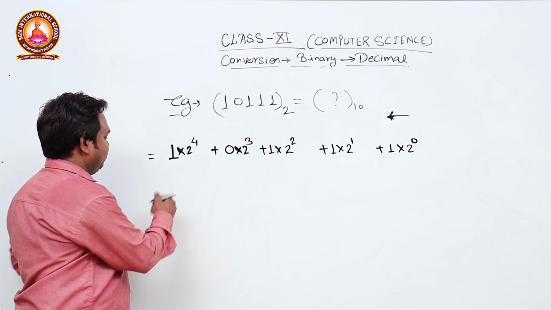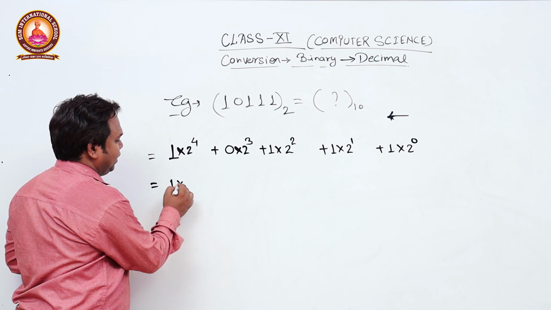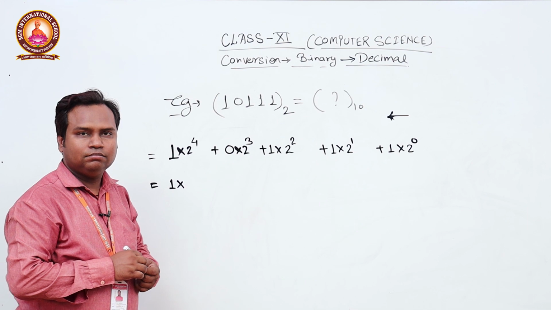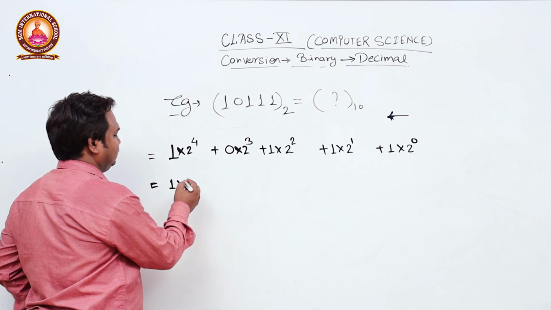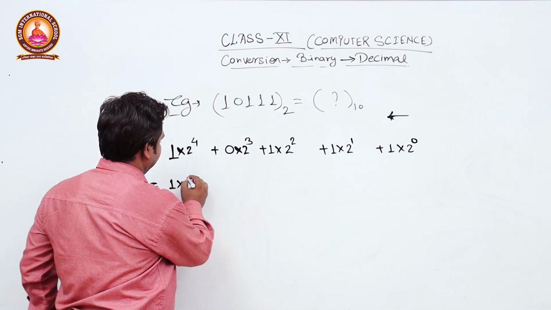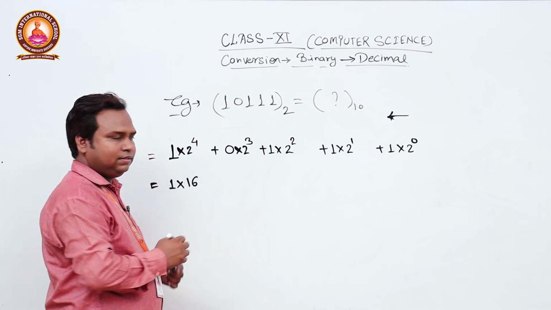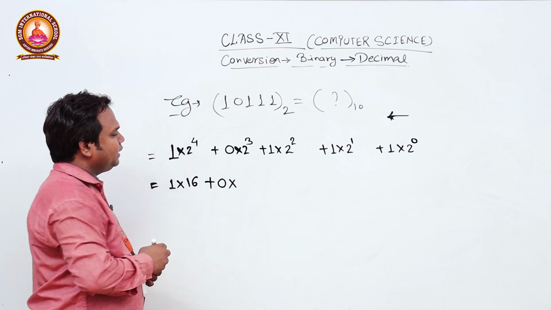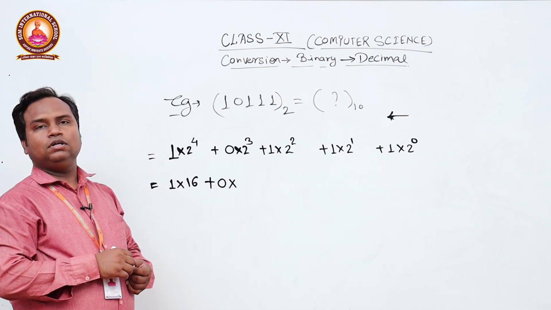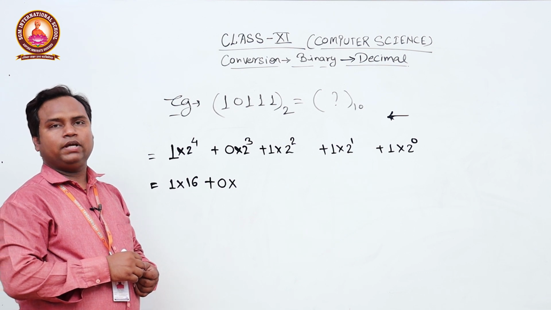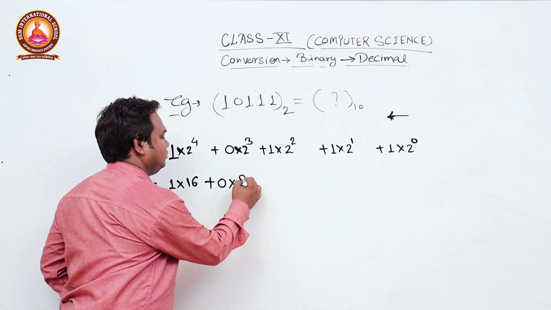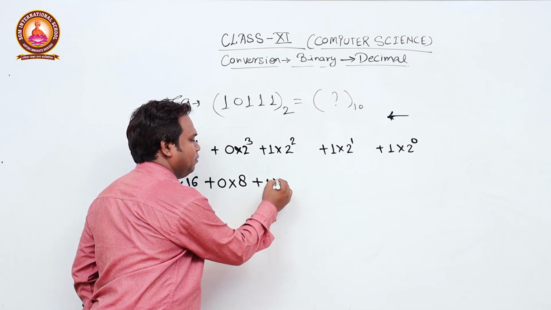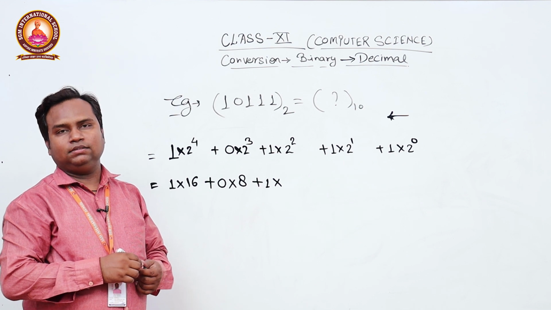Got it? Okay. 1 multiply 2 raised to 4. What is the value of 2 raised to 4? 16. Plus 0 multiply 2 cube. What is the value of 2 cube? 8. Again plus 1 multiply 2 square.